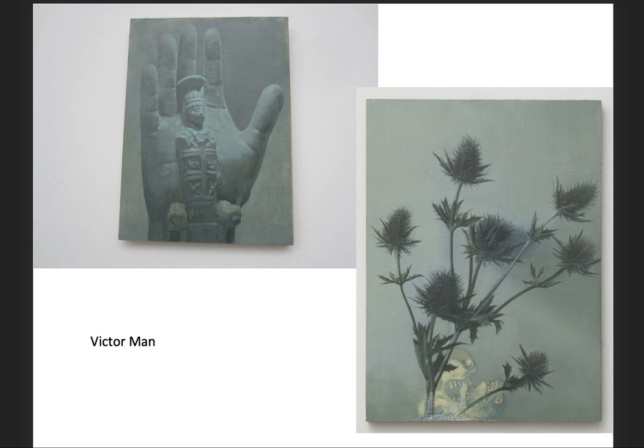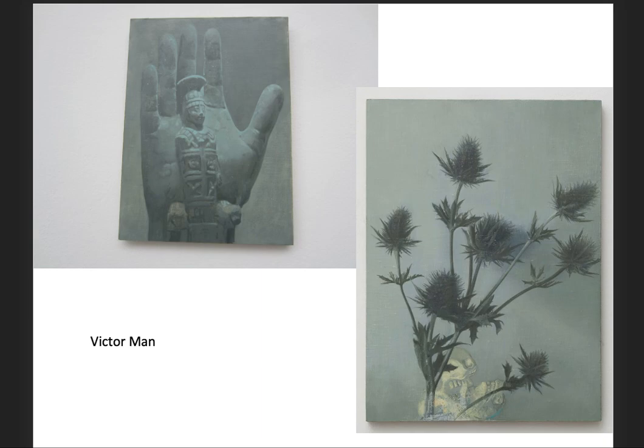Victor Mann paints these sort of ethereal images that are very, very strange, that seem to be evocative of a photorealist bent, maybe from museums, maybe images he takes himself, but we can't really understand the content, but we do understand the mood.